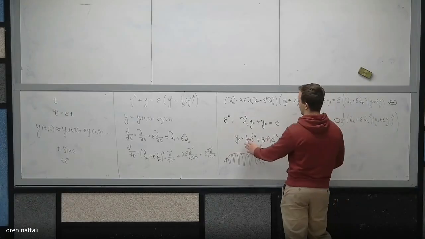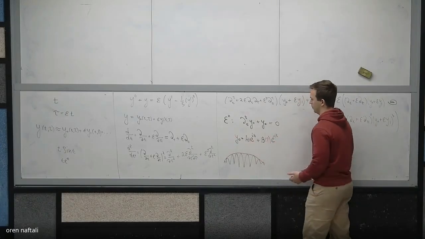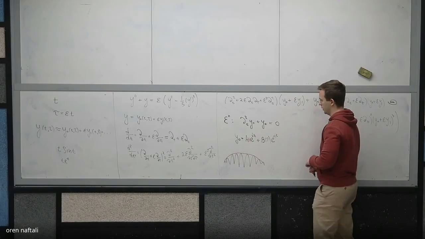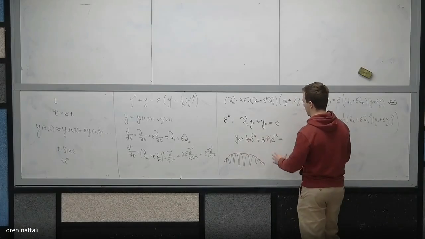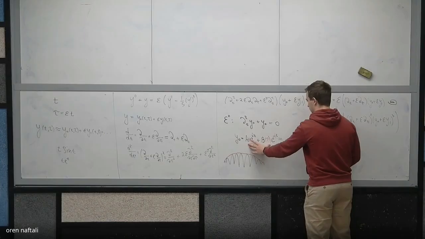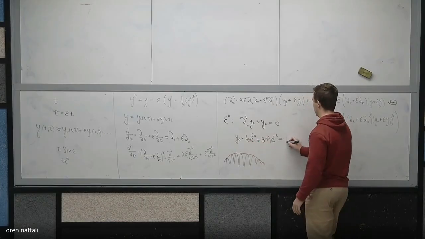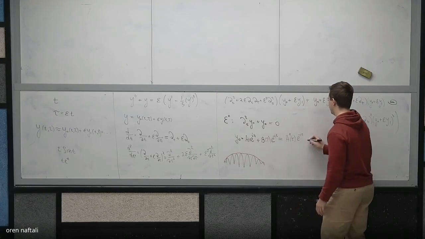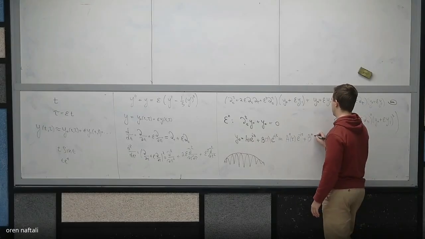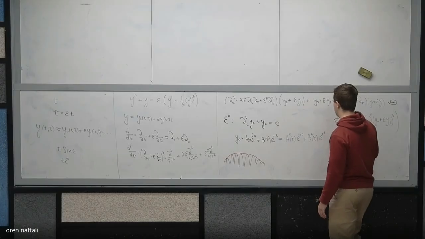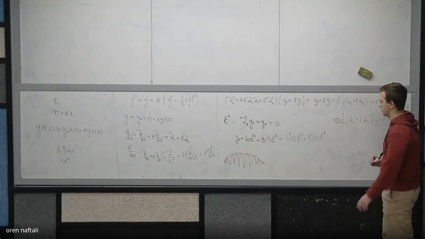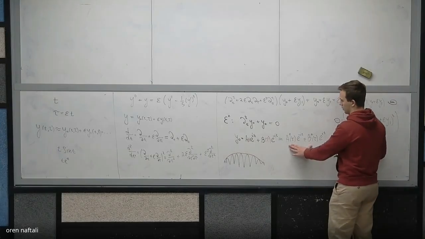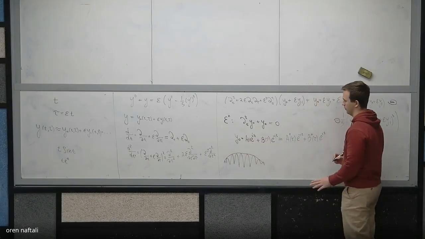So if you want this solution to be real, you need to say that the complex conjugate of this equals this. The complex conjugate is A star of tau e to the minus i t plus B star of tau e to the i t. So the complex conjugate equals the function itself.